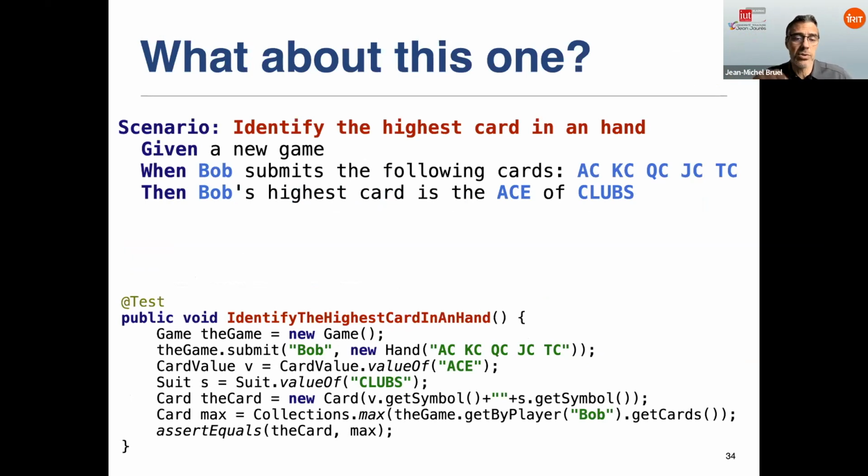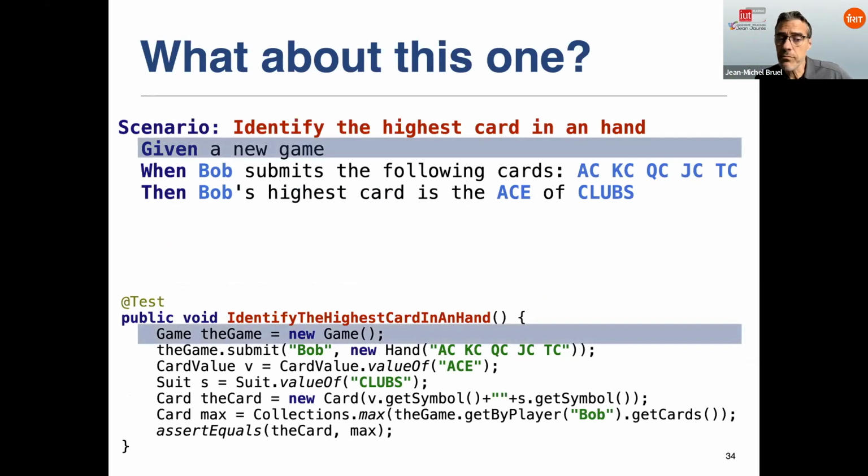If you see the two things, the one on the top and the one on the bottom, in fact, they say the same thing. You have a context. In the test, we initialize a game. In the scenario that is described in natural language at the top, we provide this context.